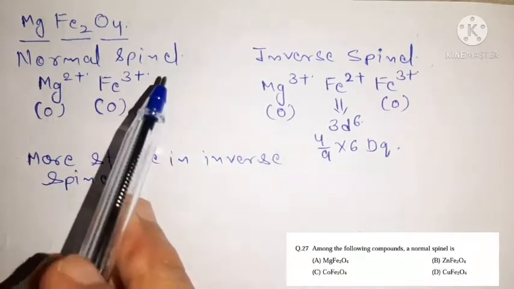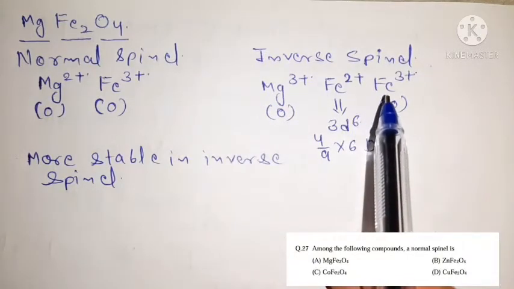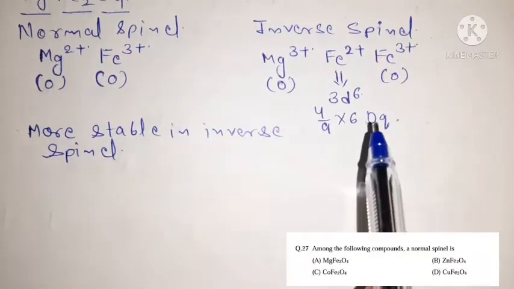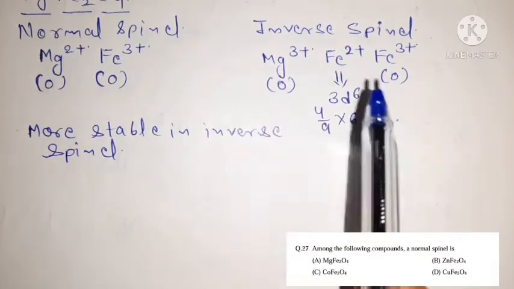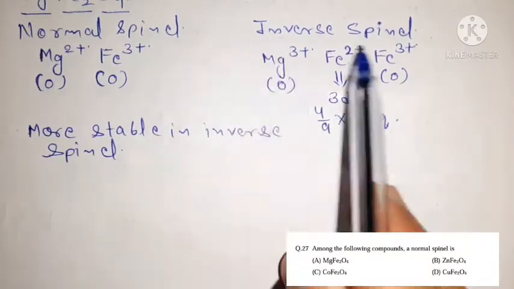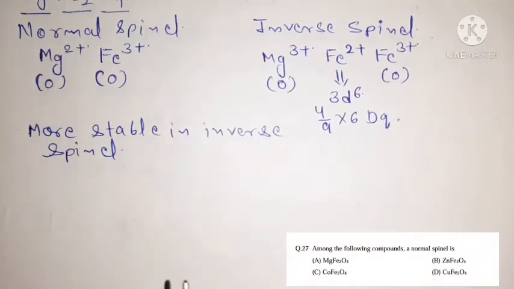Because in normal spinel condition, its CFSE value will be equal to 0, but in inverse spinel, its CFSE value will not be equal to 0. So when there is a high value of CFSE, that means this complex will be stable in that condition. And the value of CFSE is high in inverse spinel. So MgFe2O4 is also an inverse spinel. That means we have only a single option, that is option B, ZnFe2O4.